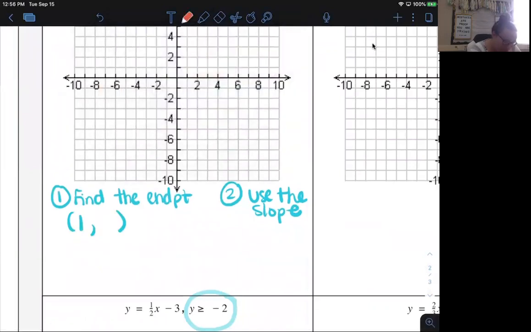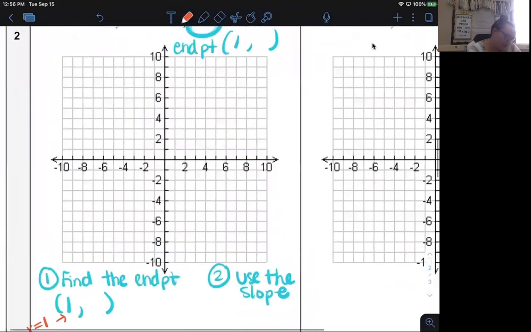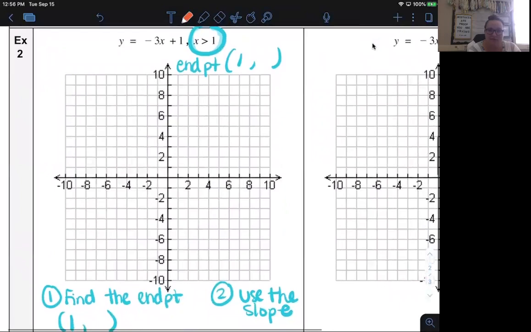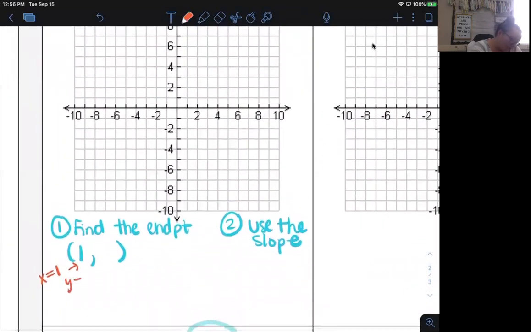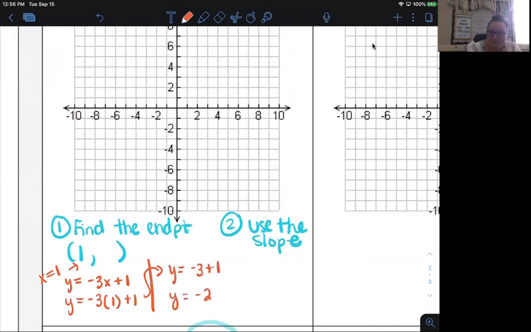To find it, we're just going to plug in x equals 1 to the function. The function is y equals -3x plus 1. So -3 times 1 is -3, plus 1 is -2. So our endpoint is at the point 1, -2.